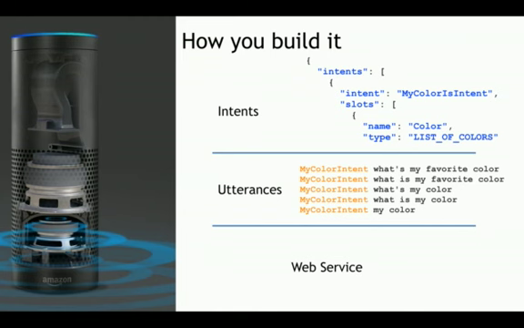Then we have utterances, which are a list of sentences that have a specific meaning within the context of your skill, and we are going to take all of those and build a model and do a lot of natural language understanding to build a model that is not just the sentences you gave us, but a broader superset. So it'll be more robust and will contain a lot more possibilities than what you just gave us.